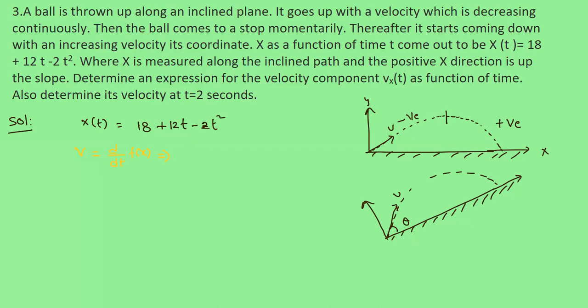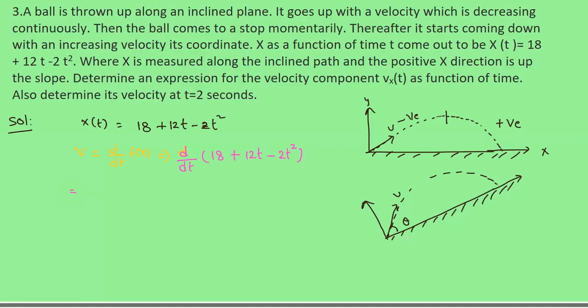Then I can write d by dt of (18 + 12t - 2t²). Again, whatever formulas we have been using from the very beginning in differentiation, we are going to use.